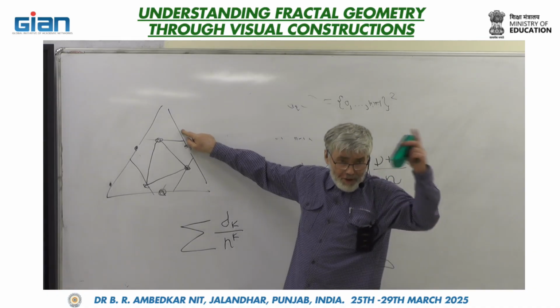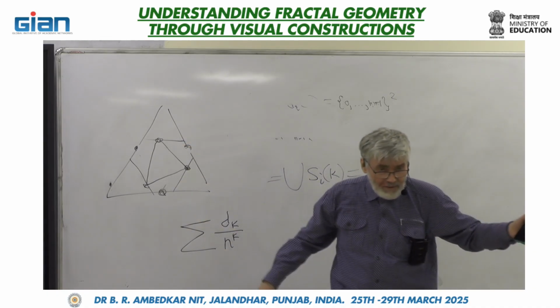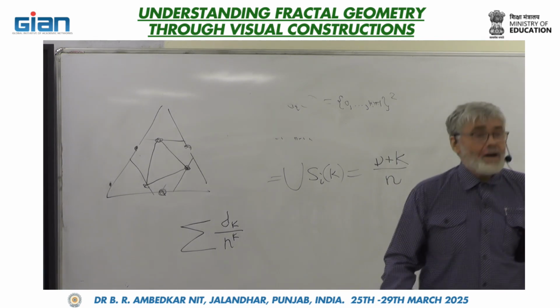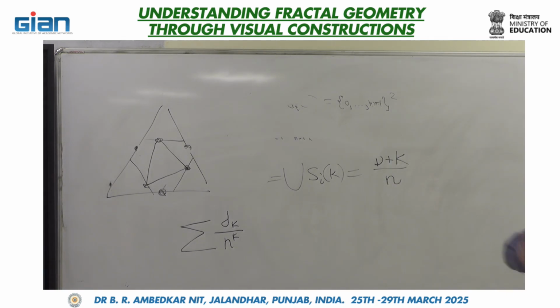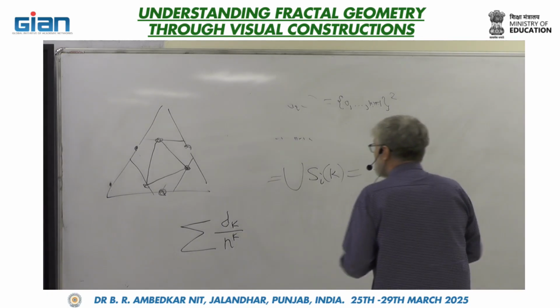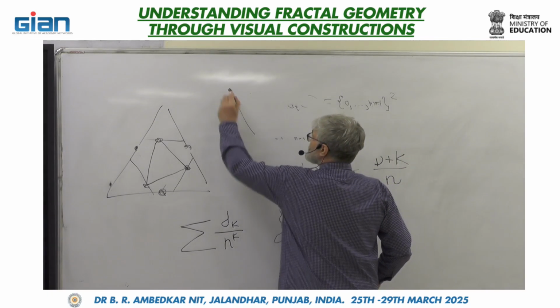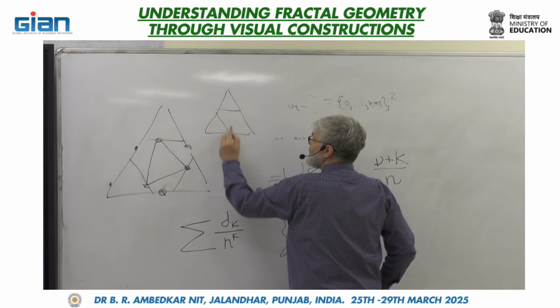And if we take the pre-images again, we get other points. The set of addresses of all pre-images of intersection points forms the so-called post-critical set. If this post-critical set is finite, then we call the self-similar set post-critically finite.